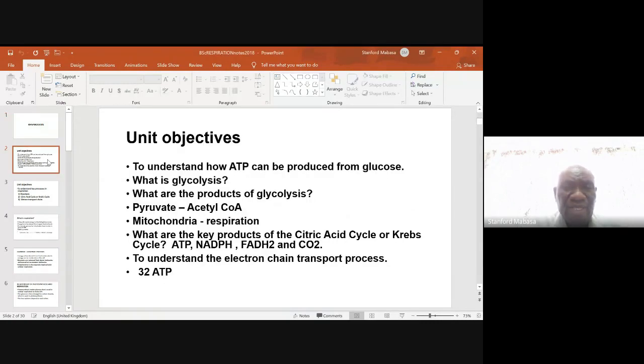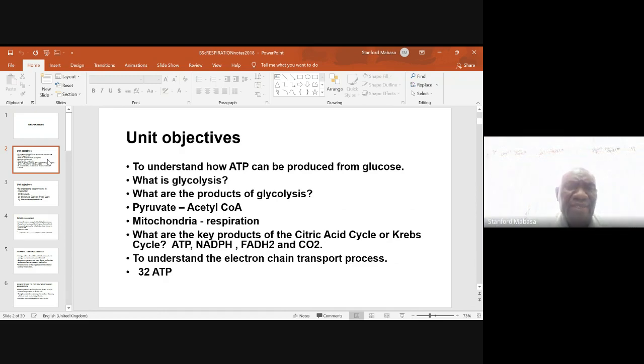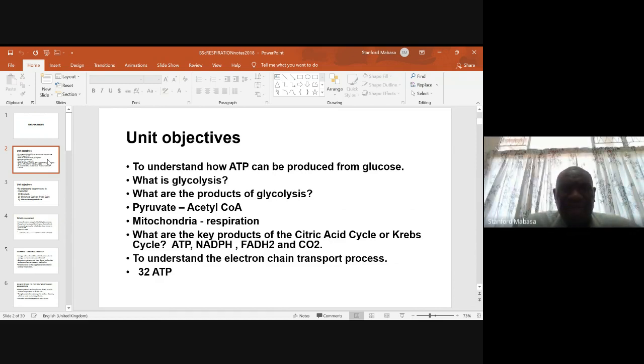Now, the objectives of the lecture on respiration. We want to understand how ATP can be produced from glucose. What is glycolysis? What are the products of glycolysis?